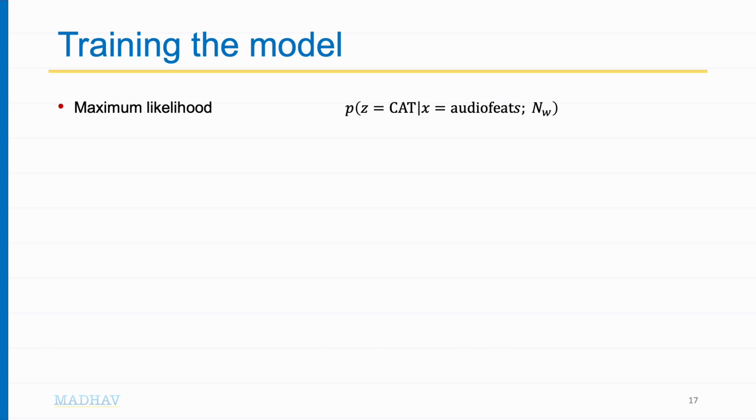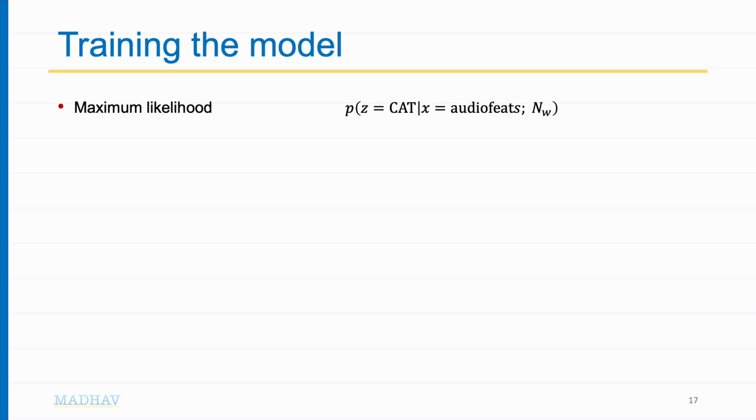Now, whenever you train a model, what is the first thing you do? First, you define a loss function or an objective function. What is the loss function or objective function in this case? What objective function can we use? It's the maximum likelihood.